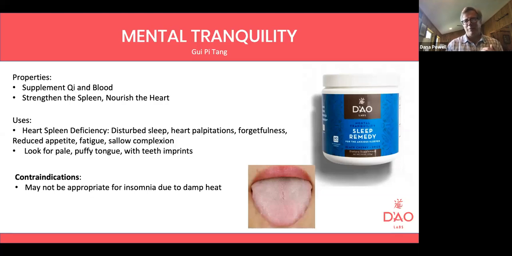So that would be one concern right there, a red tongue as opposed to a pale tongue. And then also a very thick greasy coating. That's going to be an indication of dampness and phlegm. Those two together are going to require some different strategies to address. And I've talked about that in some other webinars as well.